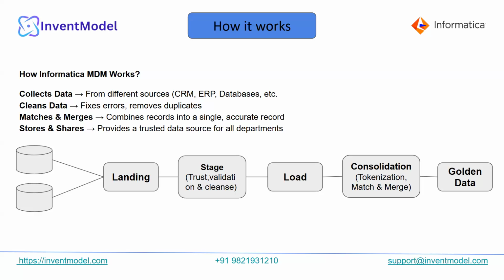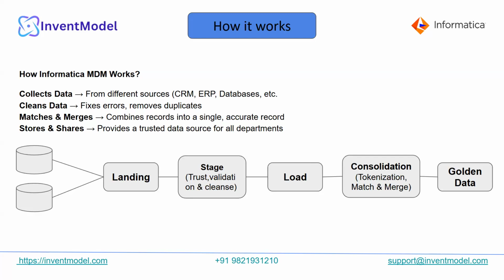For that, we need some kind of ETL tool to perform the loading. There are a lot of ETL tools available in the market, so any tool can be used here to combine the data from those multiple sources into the landing zone and put it into the landing tables in Informatica MDM.